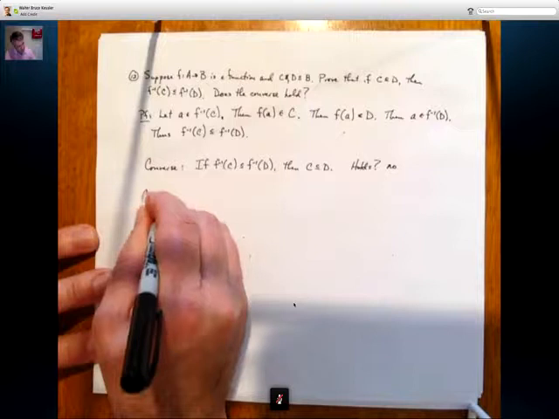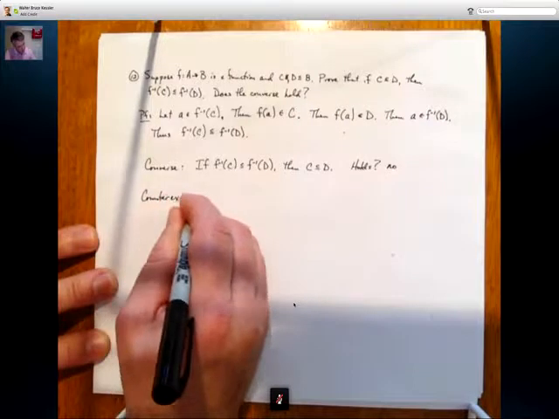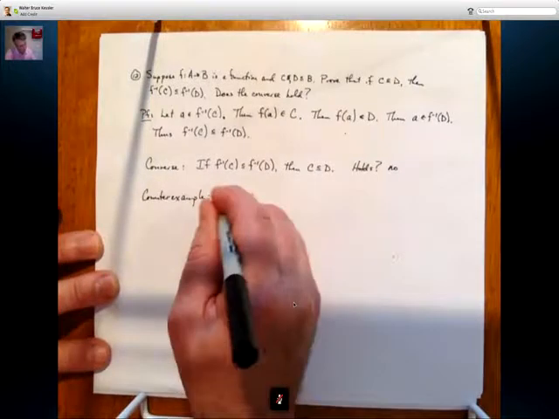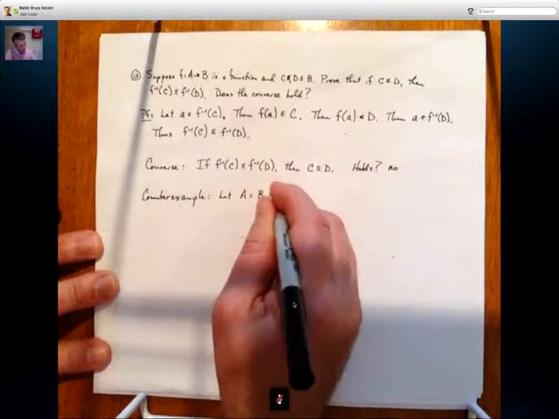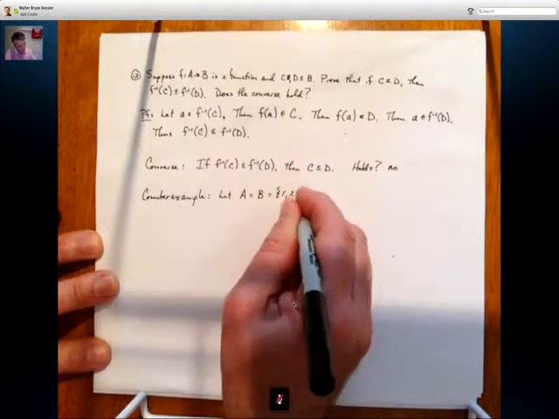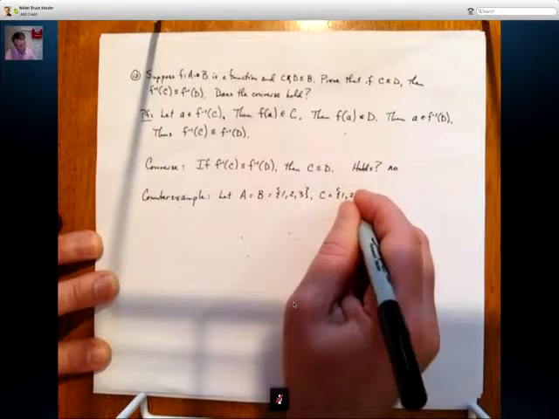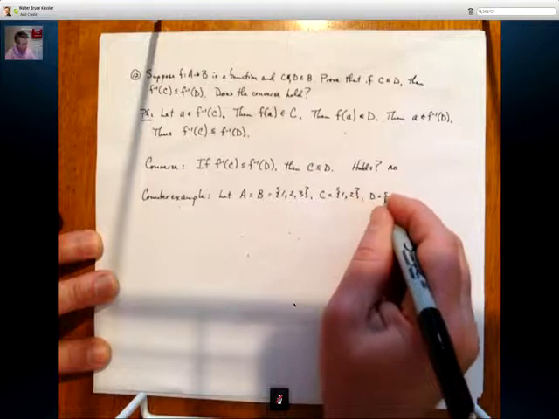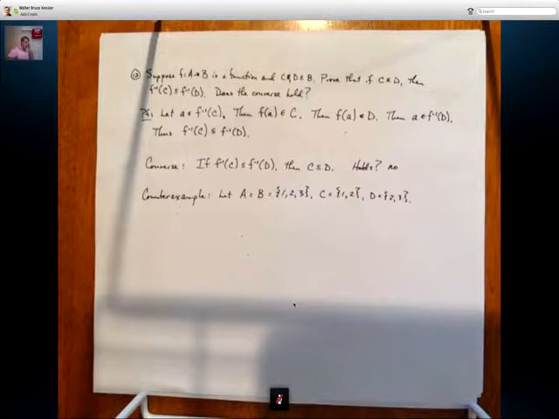Here's a counterexample. And I'll talk it and I'll draw it too. So let A and B be 1, 2, and 3. I'll let C be 1 and 2. And I'll let D be 2 and 3.